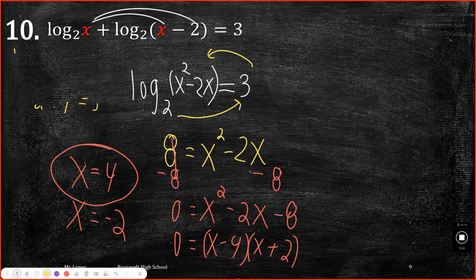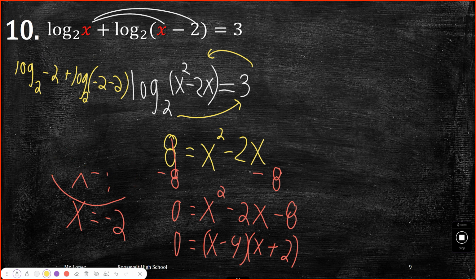If we plug in x equal negative 2, we're going to get log base 2 of negative 2 plus log base 2 of negative 4.